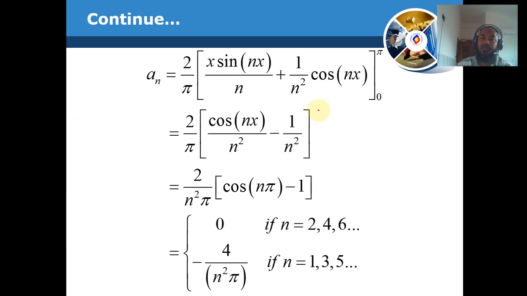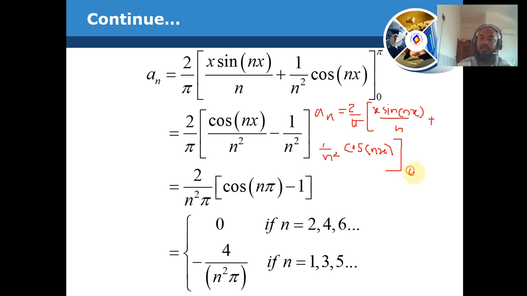Now an is equal to 2 divided by 5, and then we have this one: x sin nx divided by n plus 1 divided by n square cos nx, from 0 to pi.